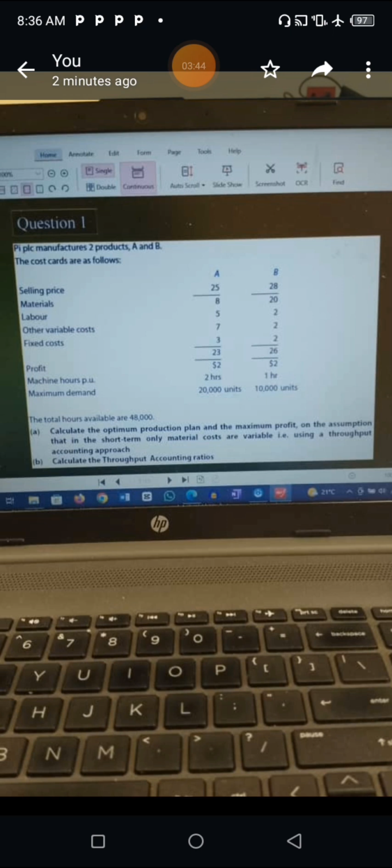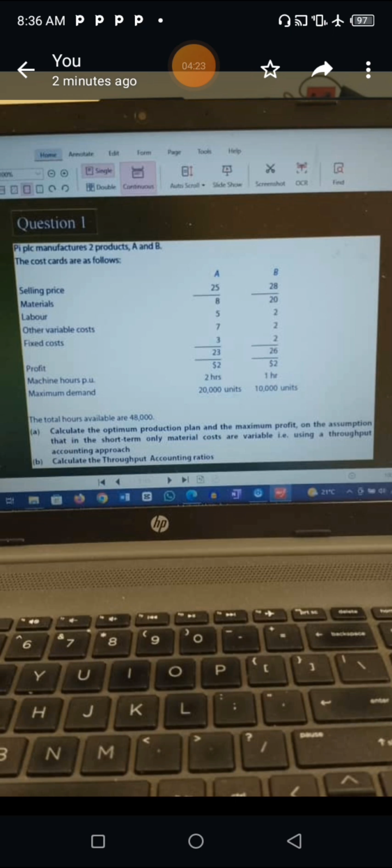And then the maximum demand for these products is 20,000 units for A and 10,000 units for B. The total hours available are 48,000, which means that machine hours are going to be considered as limiting factors, okay? Because the only available hours are 48,000.